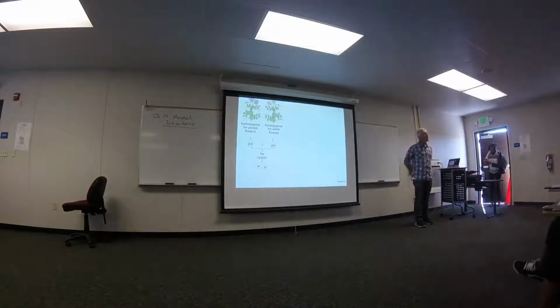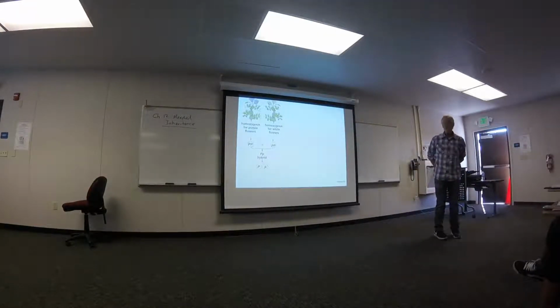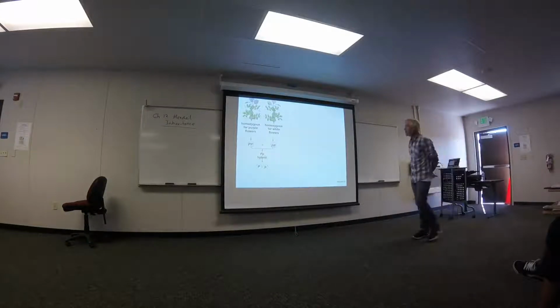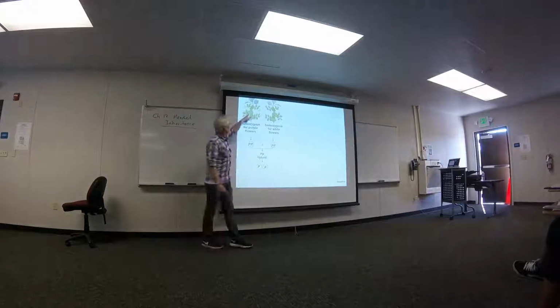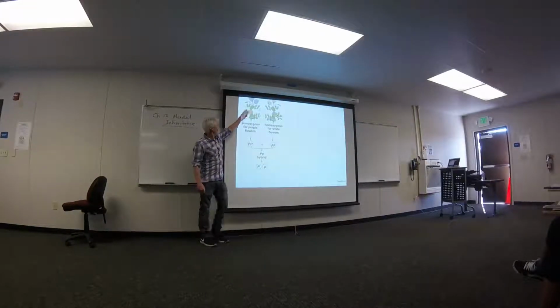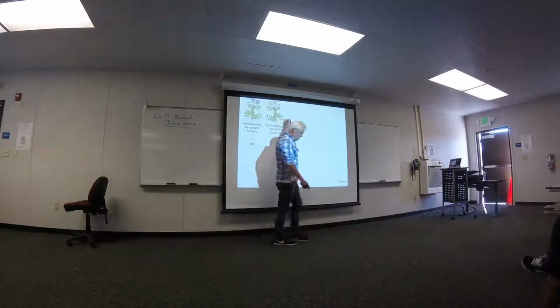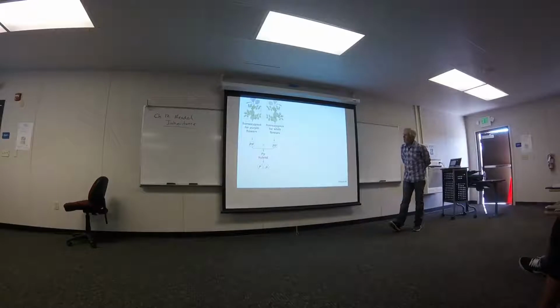Both were true breeding. You know what that means? That means they are homozygous and are descendants of exclusively that character. So all the predecessors of this plant, as far as Mendel could tell, were purple-flowered. Likewise, for this one, the ancestors were all white-flowered. That way, you know what you're getting here.